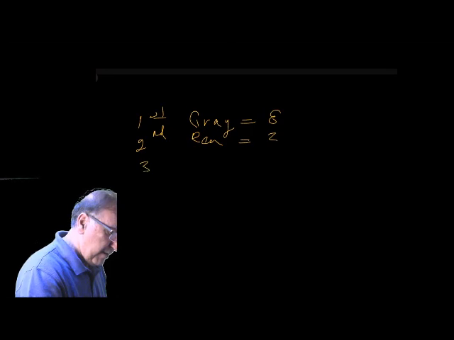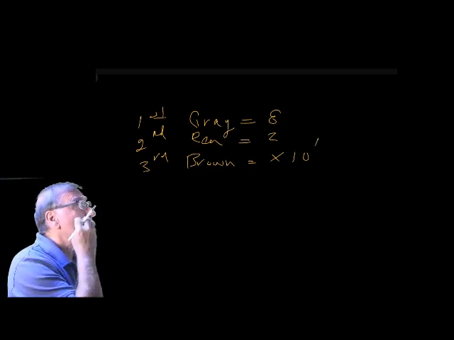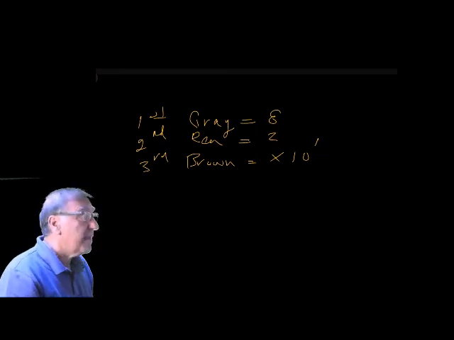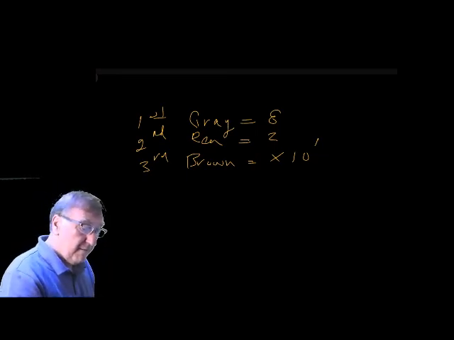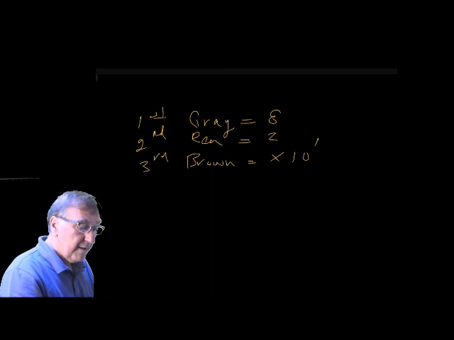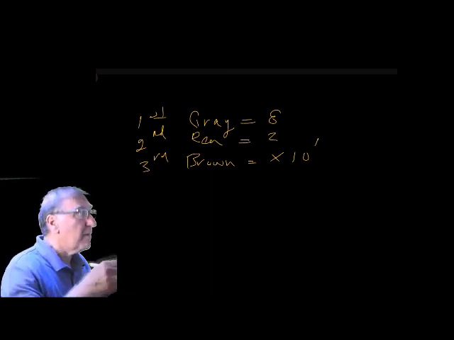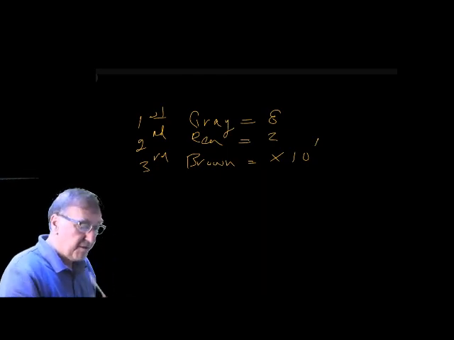And the third band was brown, equals times 10 to the first power. So the third band is always the multiplier, and as you saw in the chart, each color will be another power of 10. Just as brown is the number 1, if it were in another band, it becomes the power 10 to 1, 10 to the first.